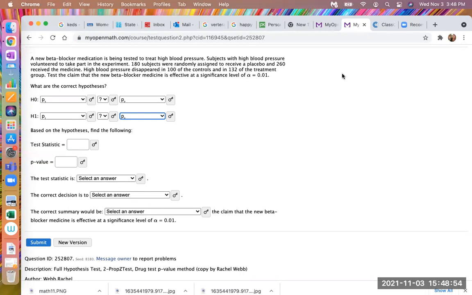It's important to define your variable. Tell them, what is population 1? What is P1? It's important for yourself and important for the problem as a whole. So let P1 be the proportion of the control group or placebo group.